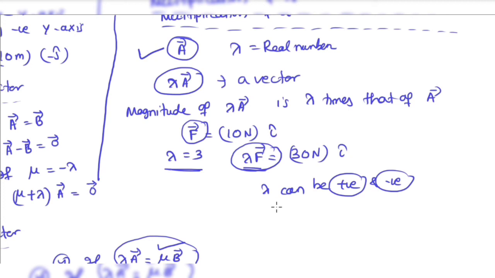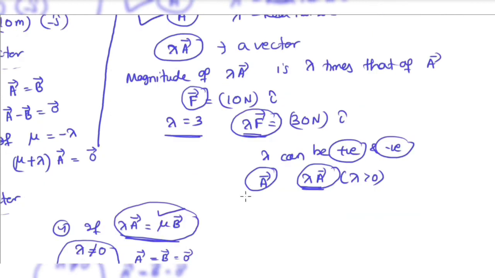So suppose a is a vector and I multiply lambda with a vector, and suppose lambda is positive, then what will happen? Lambda a vector will have the same direction as a vector.